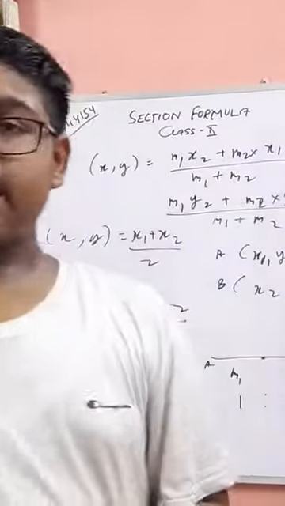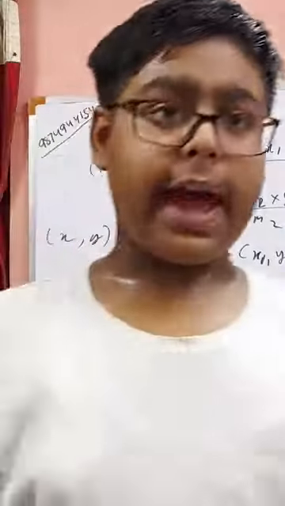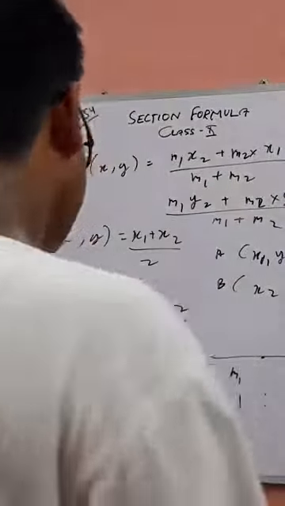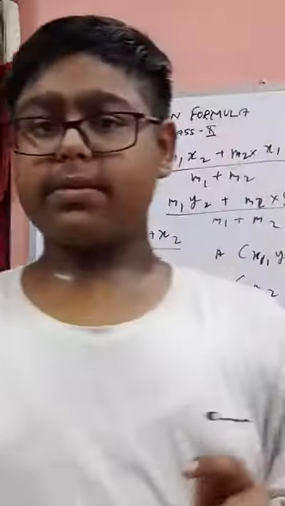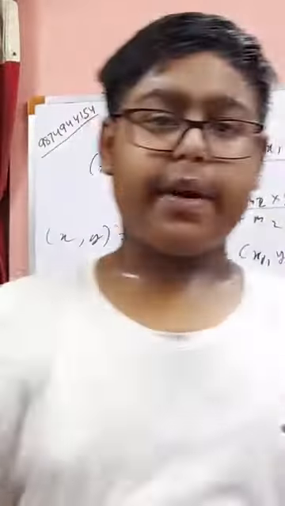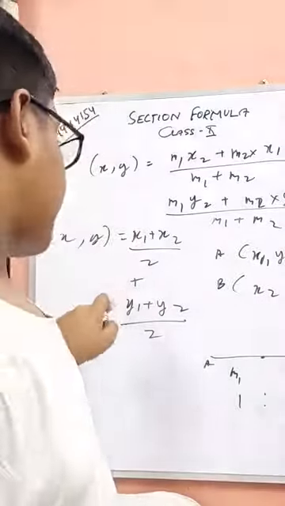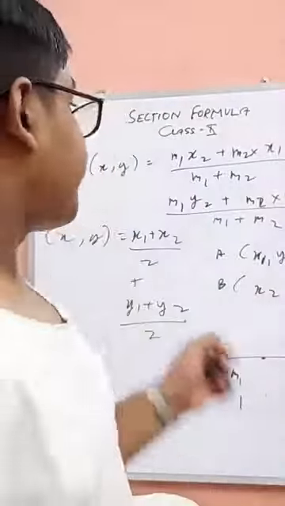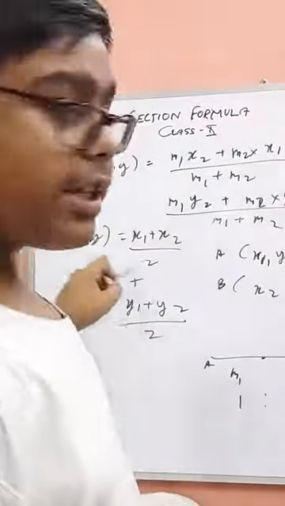Now we get to find out many number of points in a given line. These are all for a straight line, and for that we will be given to find many points, like 4 points or 3 points. Now for odd number of points we have to use this formula once and then this formula once, and for even number of points we might not use this formula, but we might use only this formula.